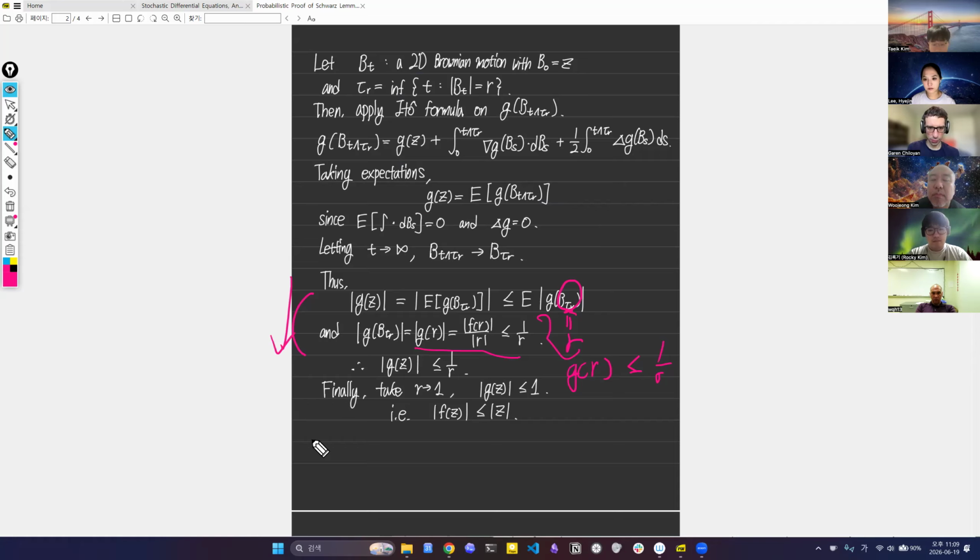And then when we take R to be 1, we get the results of the first and second one.